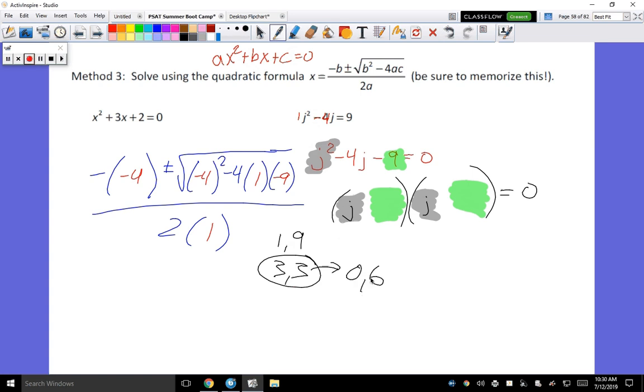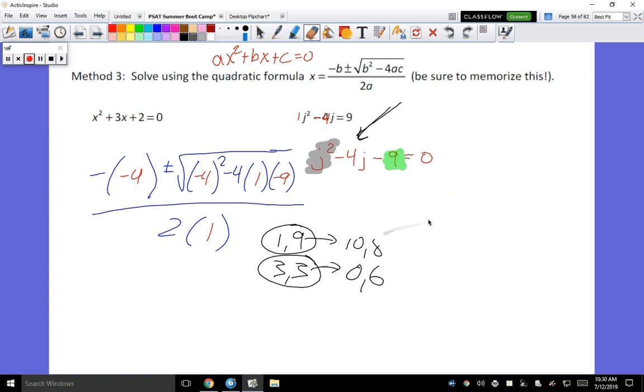What do we need? We need a 4. So those don't work. What do 1 and 9 produce? 10 and 8. What do we need? A 4. Here's where we know we have to do quadratic formula. Do you understand? Okay, so let's go ahead and do that real quick, quadratic formula.